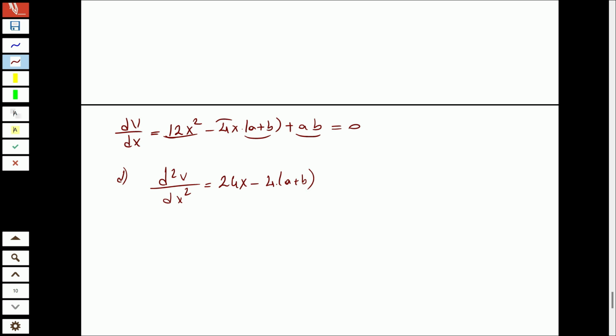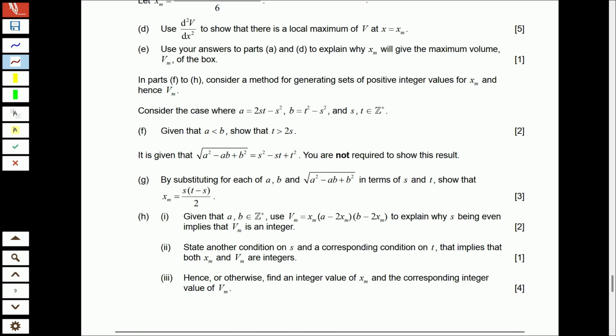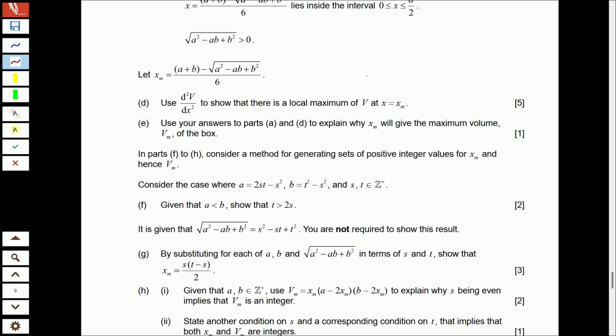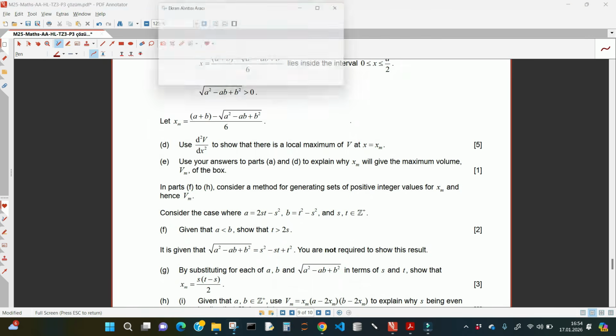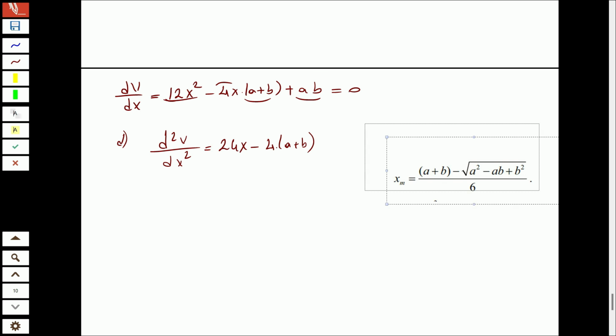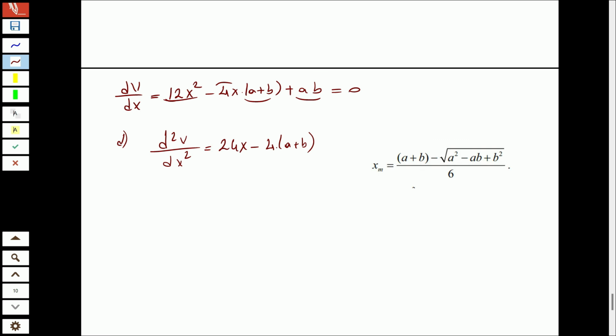So how are we going to use this formula to show that there is a local maximum over there? Because x sub m is this one. We will just substitute this expression x sub m into this second derivative function.